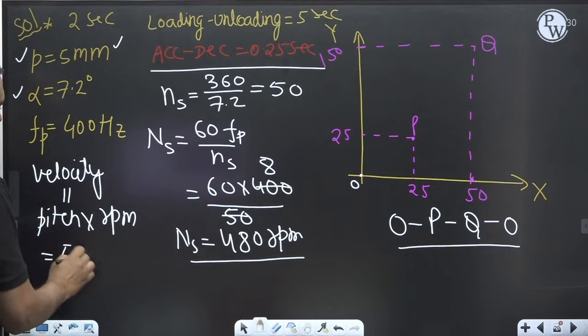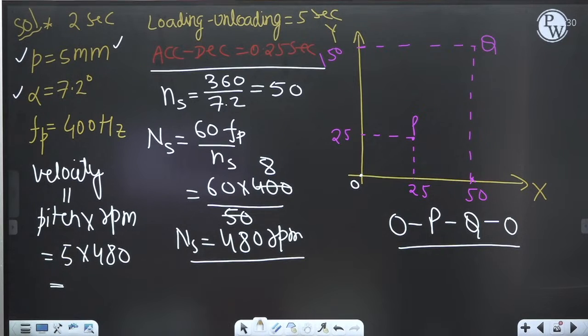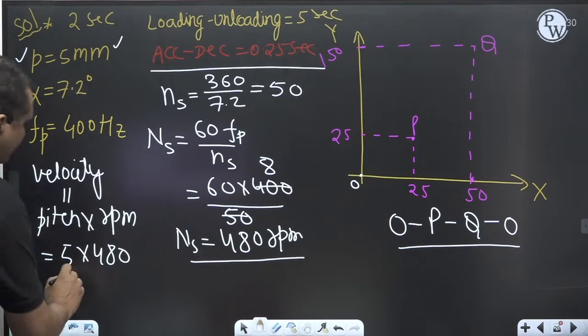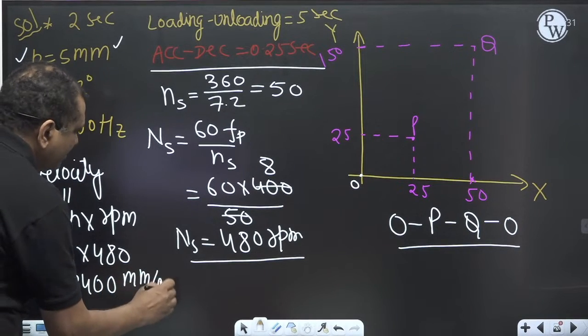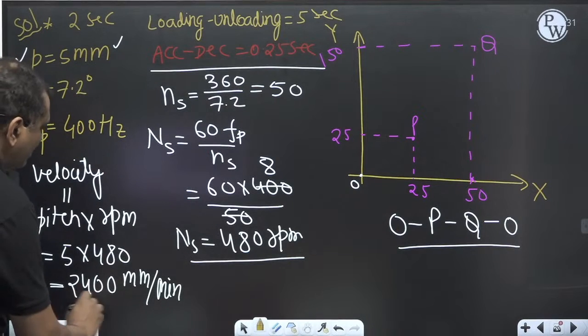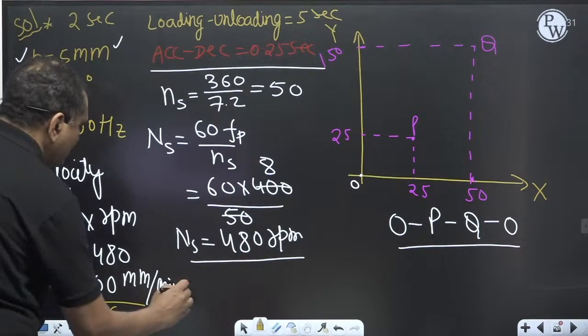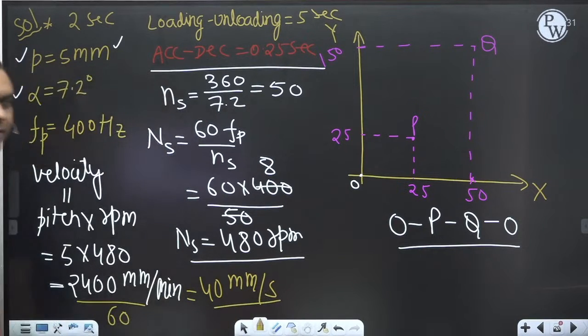So it is 5 into 480, which comes out to be 2400 millimeters per minute. You can convert into seconds also: divide by 60, and it is 40 millimeters per second.